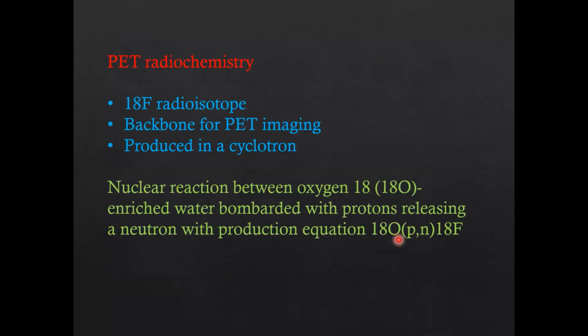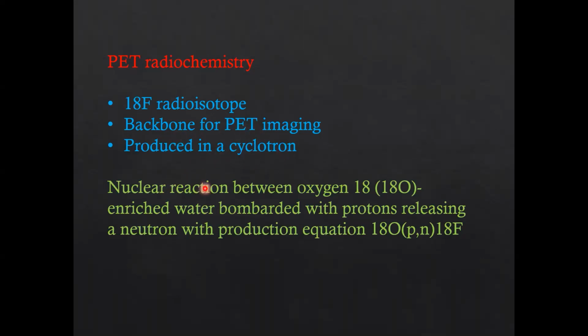So just before starting the cases and showing how exactly the musculoskeletal system is impacted by the PET-CT, I just want to give a brief overview of how radiochemistry and radiopharmaceuticals form the base of imaging in the PET. So in PET radiochemistry, 18 fluorine is a radioisotope and it is a backbone for the PET imaging, and it is produced in a cyclotron.